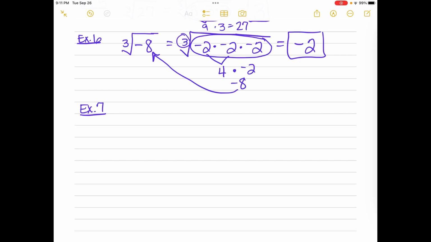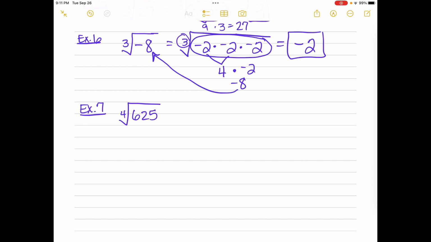On example 7, we have the 4th root of 625. When we're in class, I always tell kids to guess what the number is going to be. I want you to try to guess on your own. You don't have to write it down, but try to think.